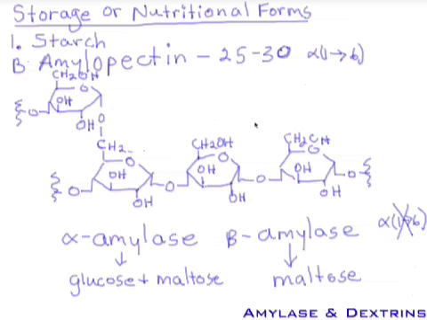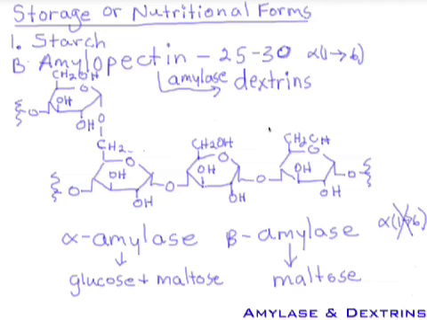So if I use amylase on amylopectin, I get dextrins. There are enzymes that will debranch and hydrolyze alpha 1,6 linkages in nature.